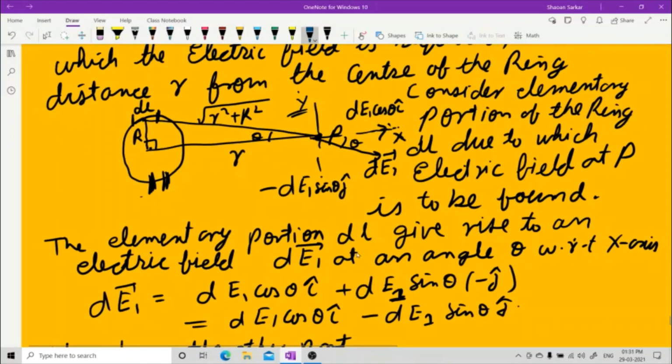This is also angle theta, and this is also the square root of r square plus r square because of Pythagoras. This will give rise to dE2, which will have components dE2 cos theta i cap and dE2 sine theta j cap.